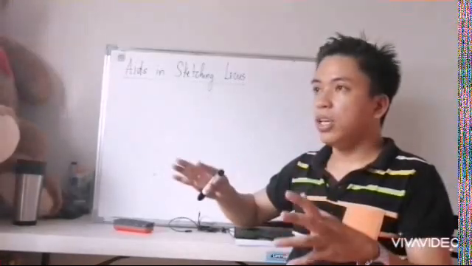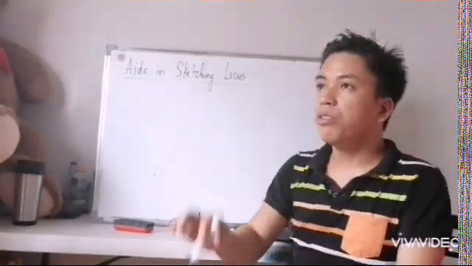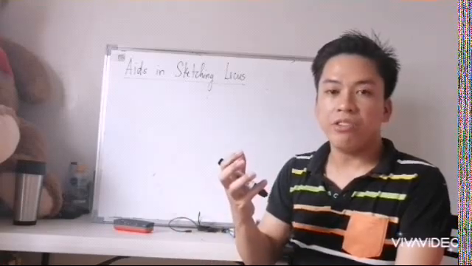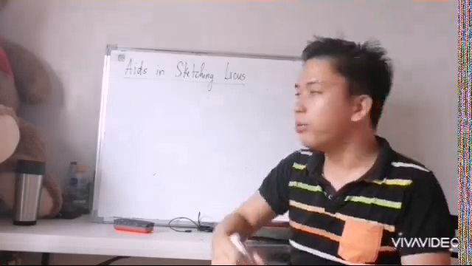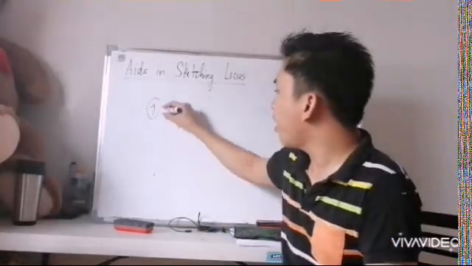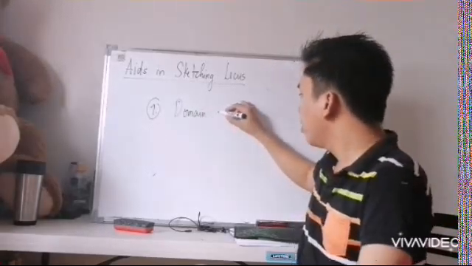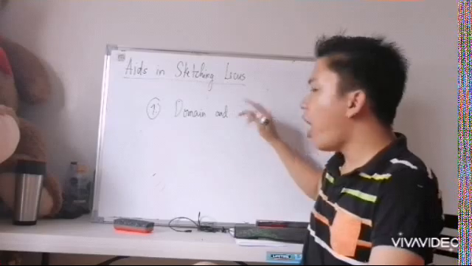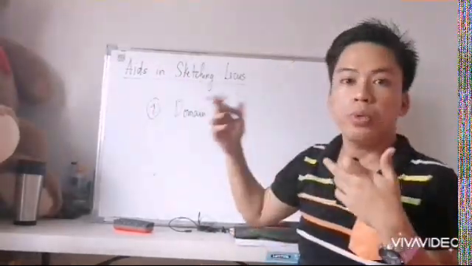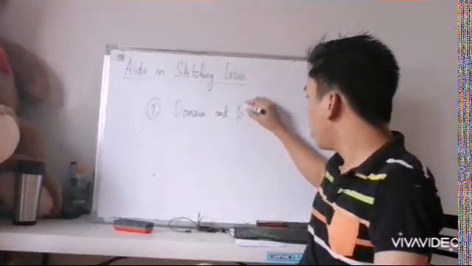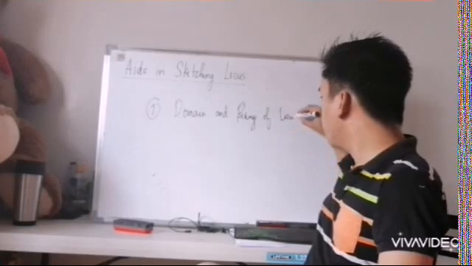Now, there are a lot of criteria in order for us to sketch the locus. But in this video, I'll be discussing first the first criteria, which is the domain and the range of a locus. This is quite important in order for us to know how wide or how long your graph can reach.